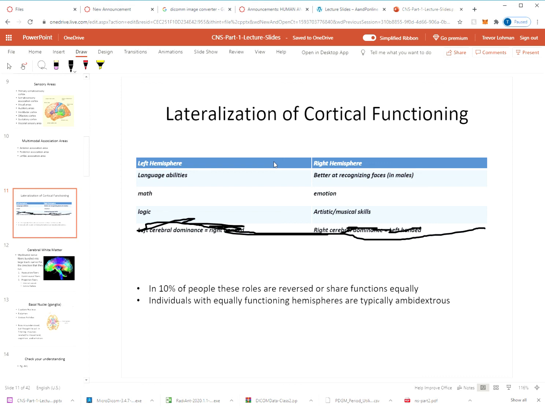And we'll call art and emotion, that's not the dominant side. So they say right-handed people have left cerebral dominance. And then left-handed people, we just need to reverse this. So the left hemisphere is where a lot of emotional cognition takes place, artistry, music, that kind of thing. And the right side is where math, logic, and language is. That's if you're left-handed. So they said, we'll call left-handed people right cerebral dominant.